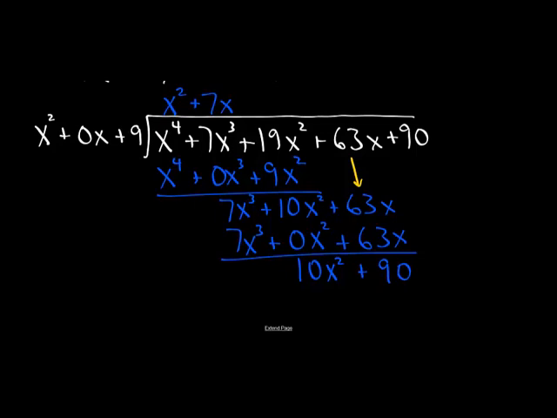Okay. Now, x squared will go into 10x squared, that's 10. Then I multiply, and you can see that I get 0 remainder. So here's what I've got. I've got x minus 3i.